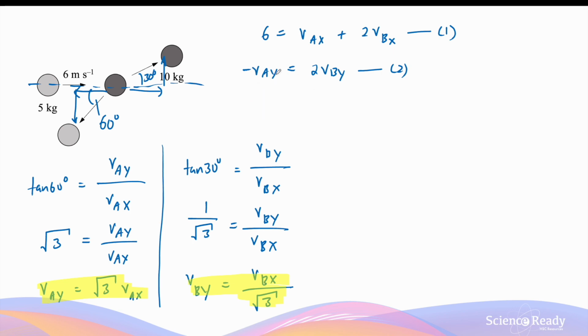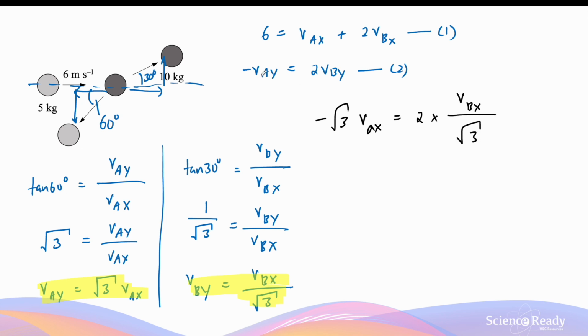So, minus VAY, I know that this is equal to minus square root of 3 times VAX from the first equation I derived over here on the bottom left of the screen. This is equal to 2 times VBY. Now from this equation, I know that VBY is also equal to VBX divided by root 3. So this is equal to VBX divided by square root of 3.